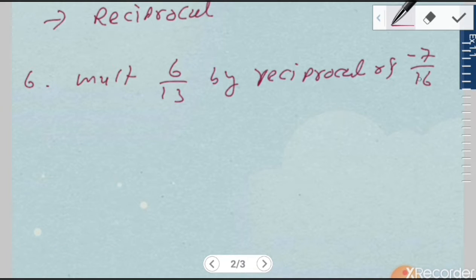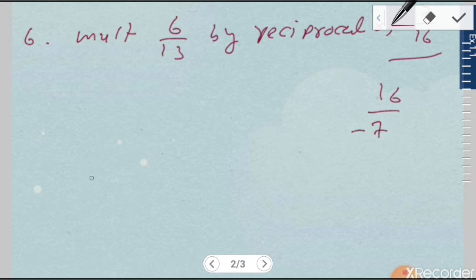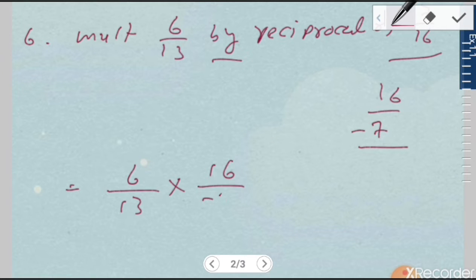So the reciprocal of this number becomes 16 upon minus 7, and now we will multiply 6 upon 13 by the reciprocal of that number, that is 16 upon minus 7.